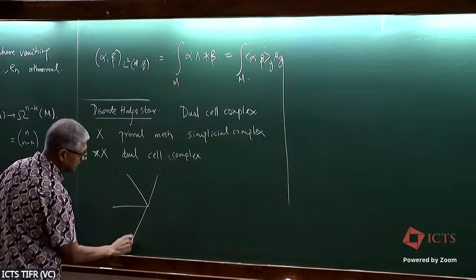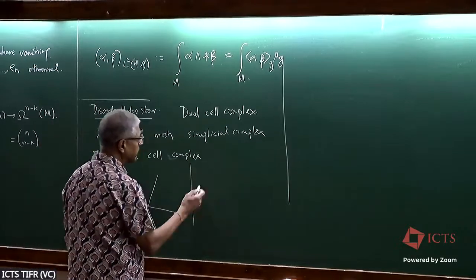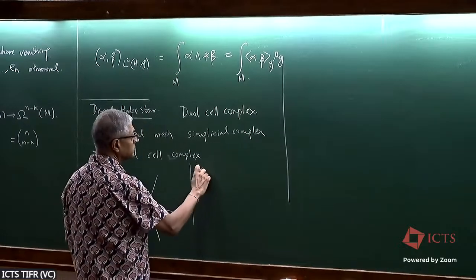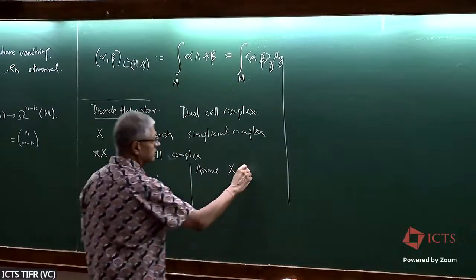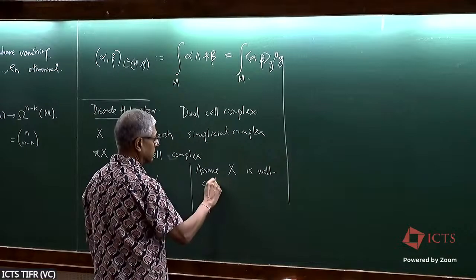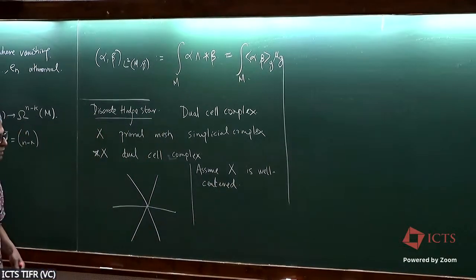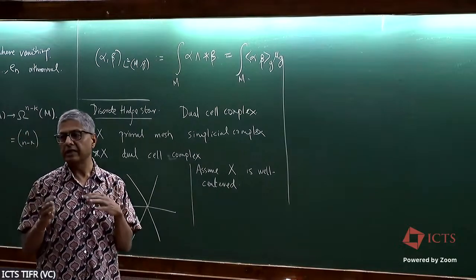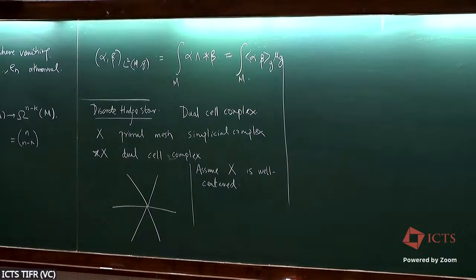So let's say you have, for this part, we will assume that X is well centered. That's a phrase that we introduced many years ago, which means that the circumcenter should be in the interior of the simplex, which is a very rigid requirement for meshing, but I will relax that later.